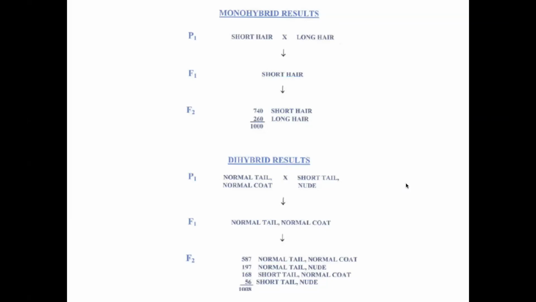So his conclusions were pretty much ignored for several decades. It wasn't until around 1900 that his work was repeated by 3 other scientists. And so it was at that time that everybody came to understand the significance of what Mendel had done many years earlier.